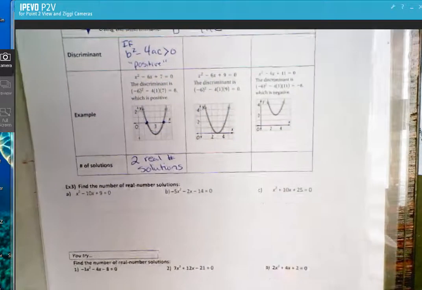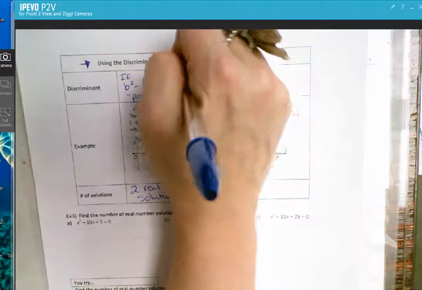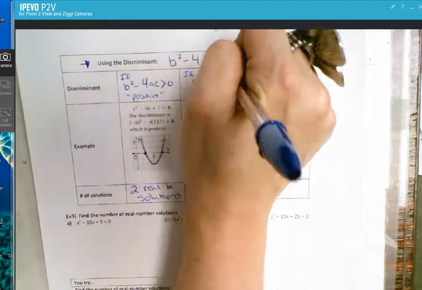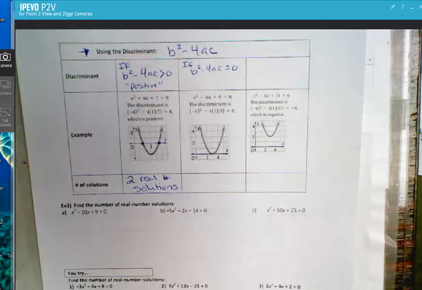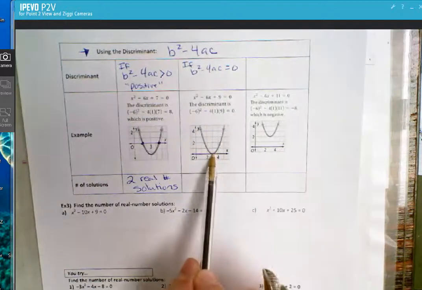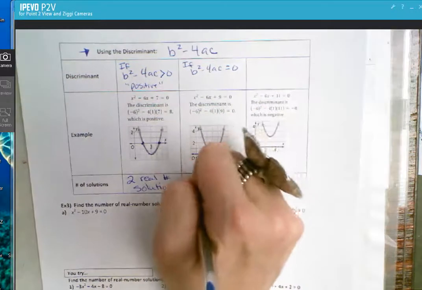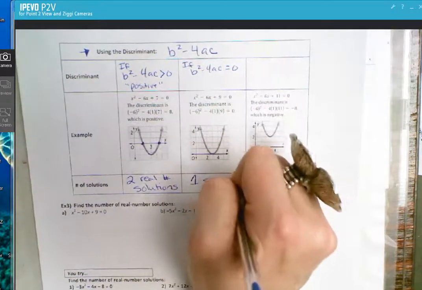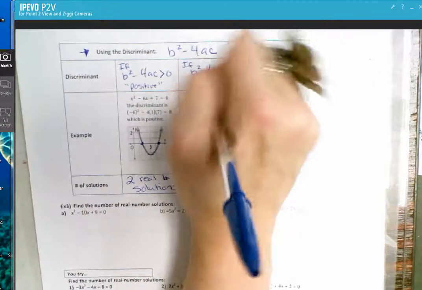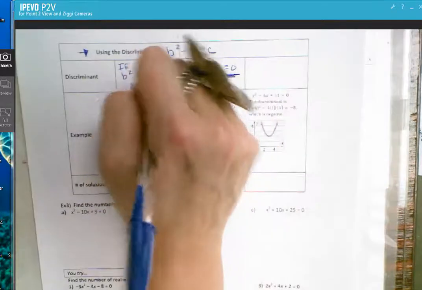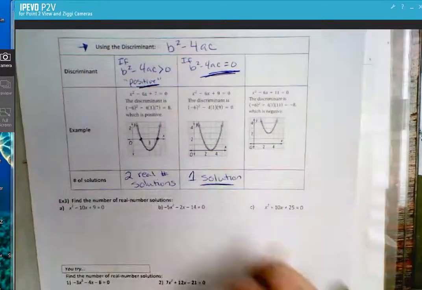If, however, my b squared minus 4ac is equal to 0, you can see it sits right at 1 point on the x-axis. So you end up with 1 solution. So if my discriminant is equal to 0, 1. If it's positive or greater than 0, I have 2.